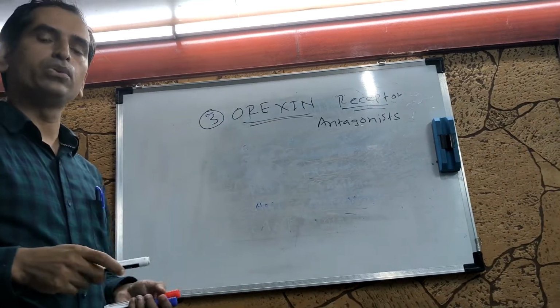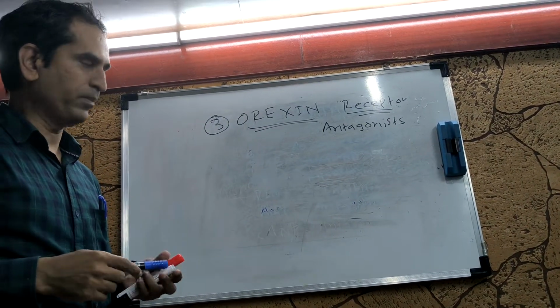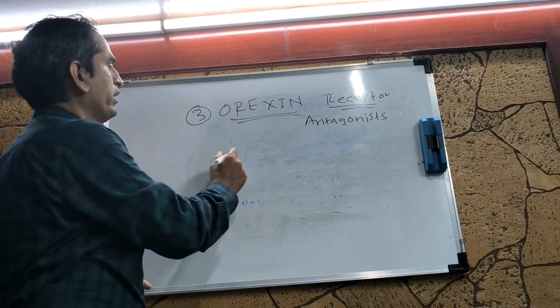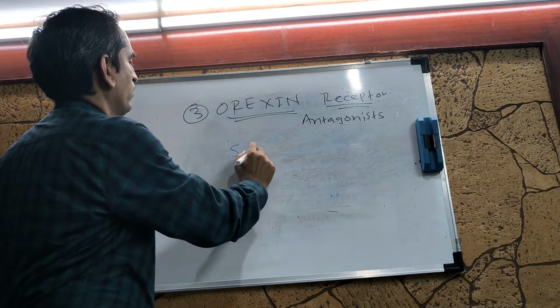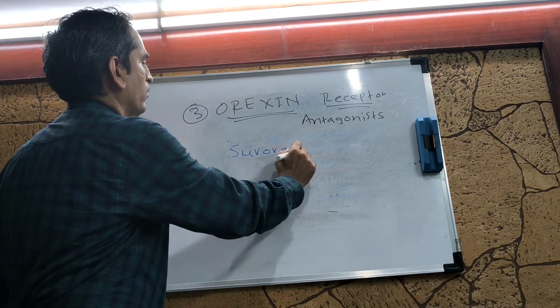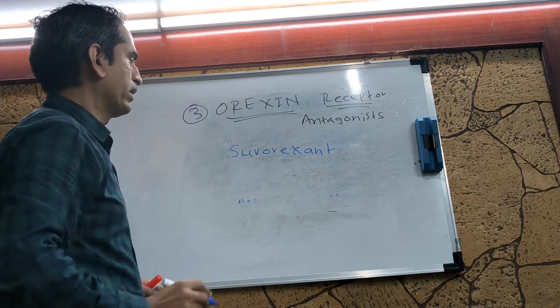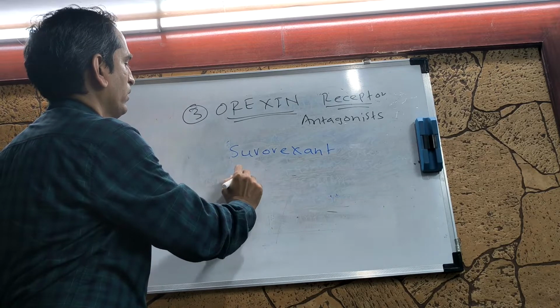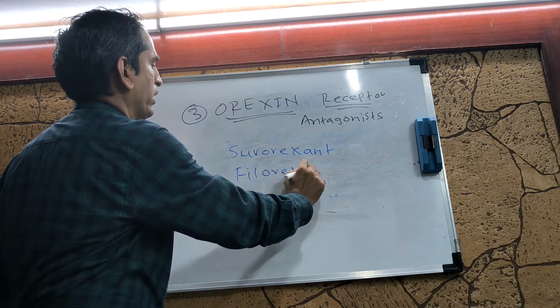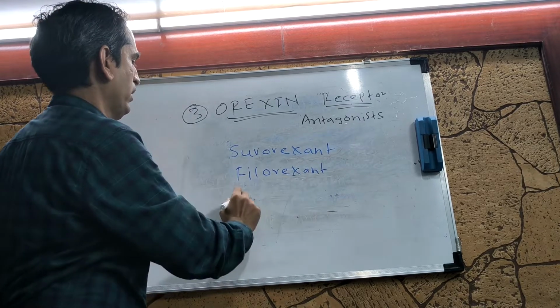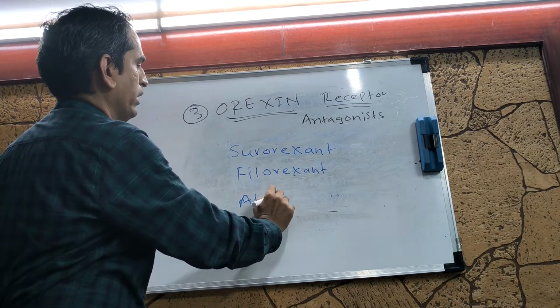These are drugs used in the treatment of insomnia. Examples of orexin receptor antagonists are suvorexant, filorexant, and almorexant.